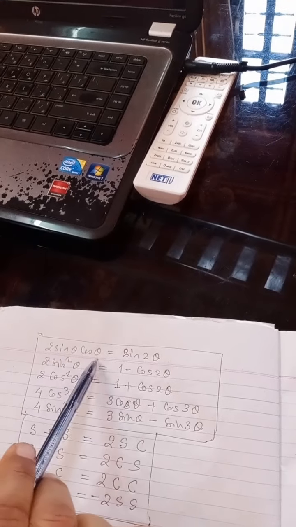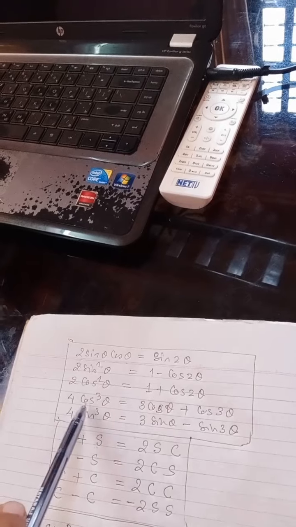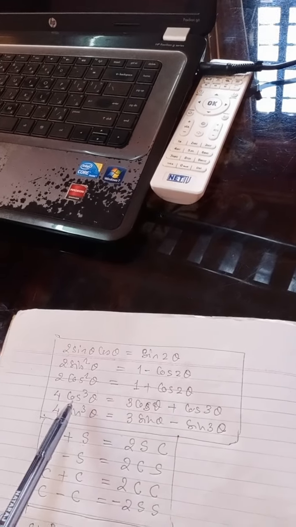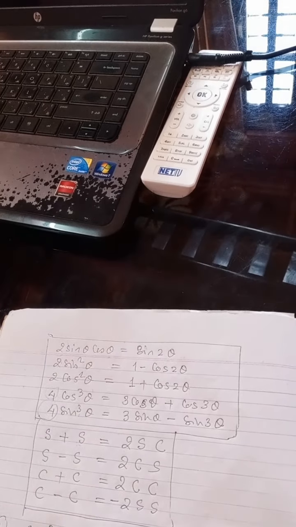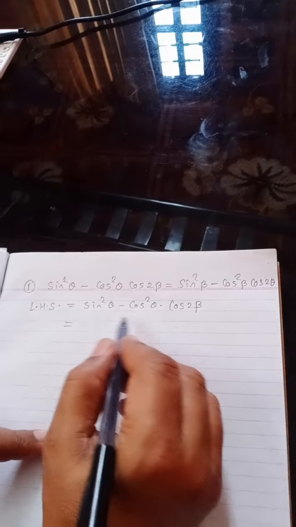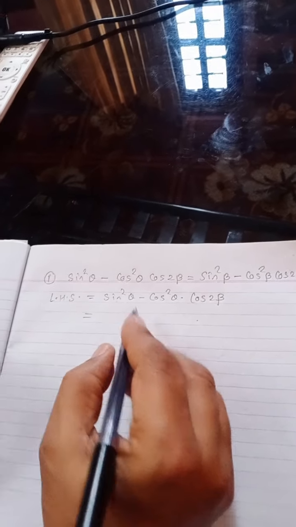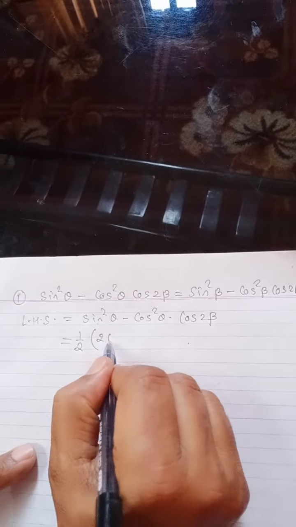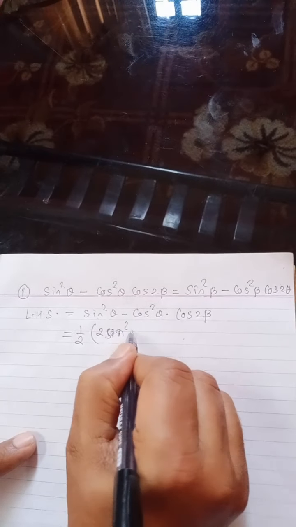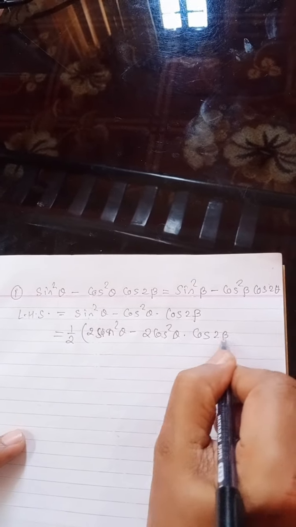If it is in product form also, then we take the coefficient 2. And if the trigonometric identity has power 3, then we take the coefficient 4 to make the formula easier. Here there are squares in sine as well as in cos, so we have to take the coefficient 2. By taking 1 by 2, we can multiply: 2 sine square theta minus 2 cos square theta times cos 2 beta.